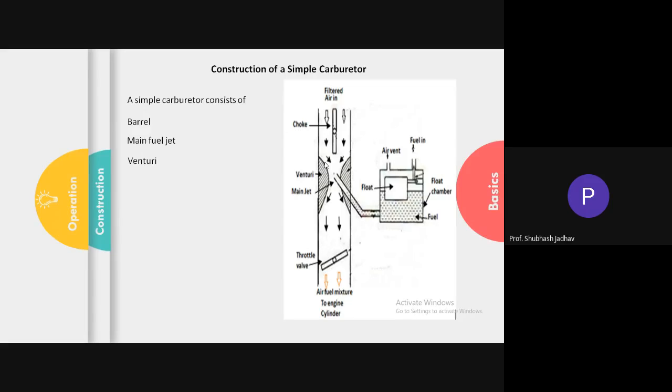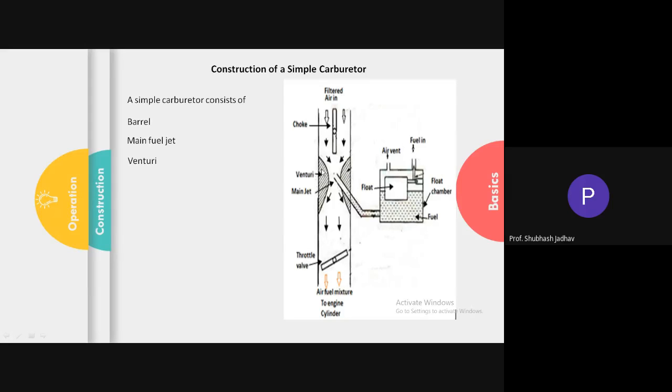And the venturi, which we have provided in the carburetor, is to ensure that the fuel is being brought into the system. Okay, so what happens when we provide the venturi? It ensures that a pressure difference is created here, here, and here.